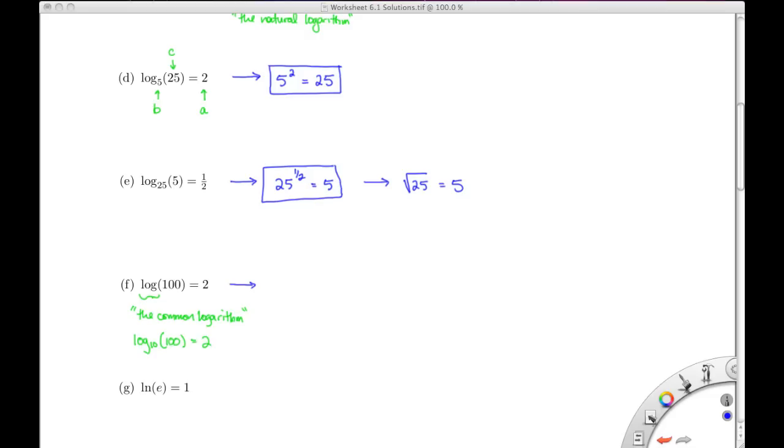So the reason that the log base 10 is something that we use so often is because, at least in Western civilization right now, we use a decimal-based number system. So all numbers are composed of powers of 10 based on the position of a digit in the number system.